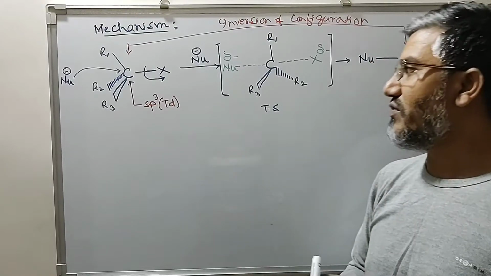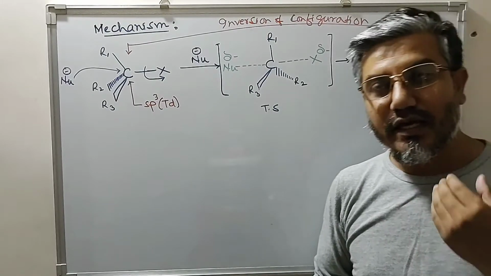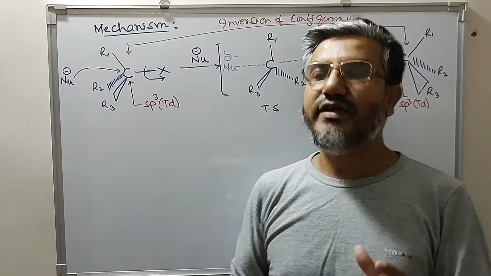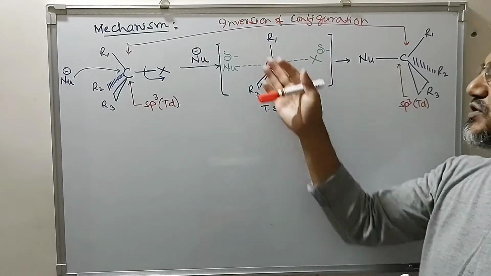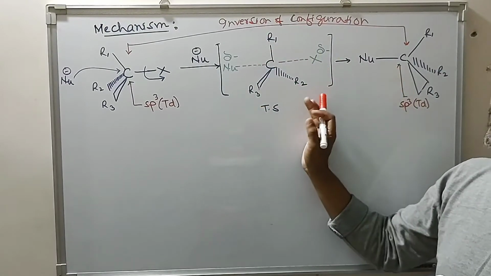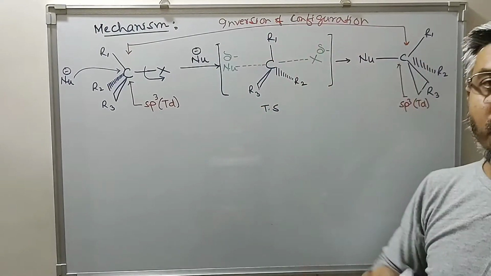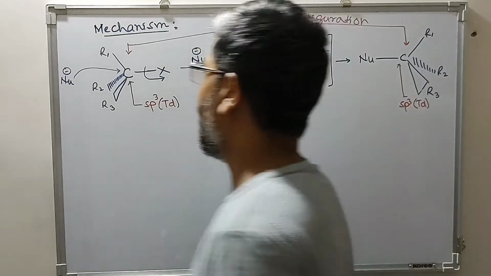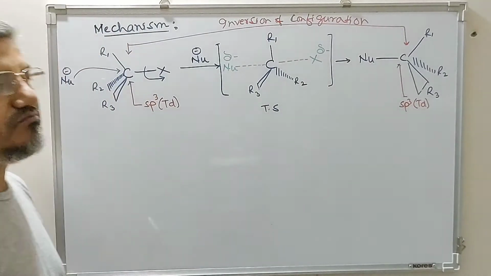So the valency of carbon cannot be 5. Cannot be 5. Yes. If the valency of carbon cannot be 5, then what is the nature of this carbon in the transition state in which this is attached to 5 different groups? Surprise. Now look at this, we have this answer.